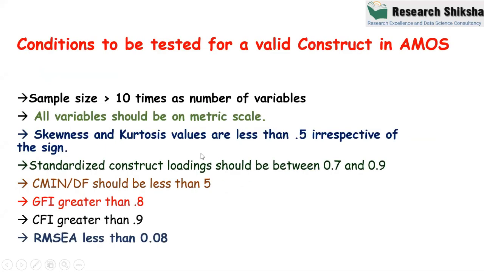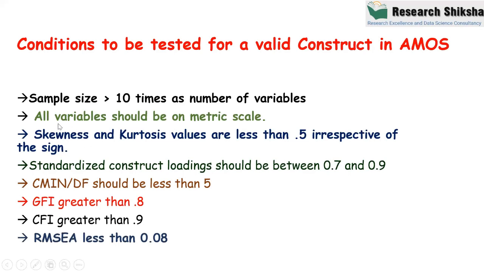Okay. There are some conditions which should be maintained in AMOS. For example, number one, the sample size should be greater than 10 times the number of variables. This is a normal condition to be fulfilled. Suppose you have 25 variables in the questionnaire, then you must have at least 250 observations to apply structural equation modeling.